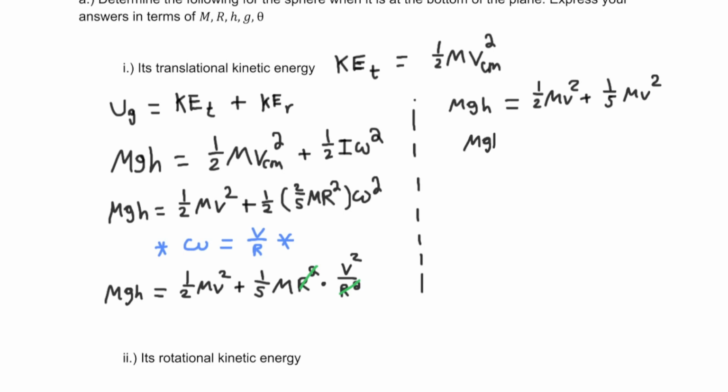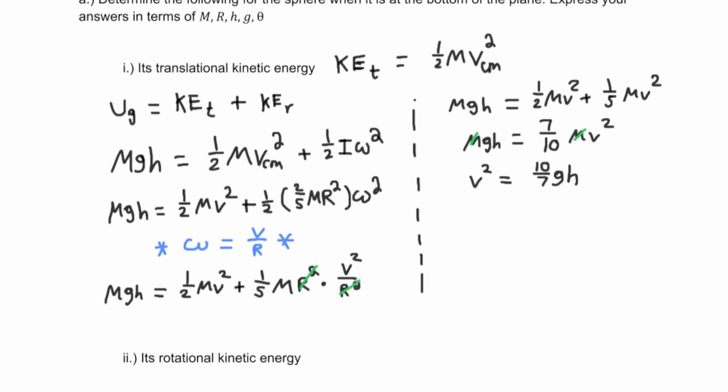So adding 1/2 and 1/5, we get 5/10 and 2/10, which makes 7/10. And notice how the mass is going to divide out now. So we're going to get that v squared is equal to 10/7 times gh.